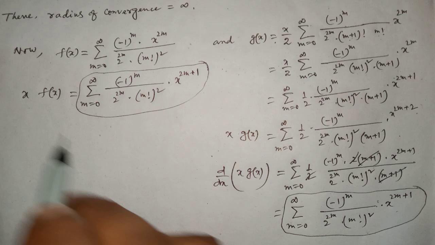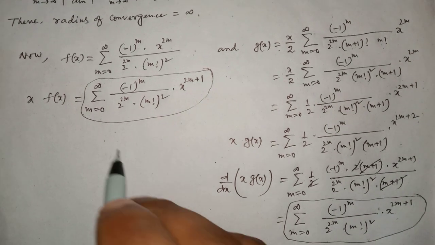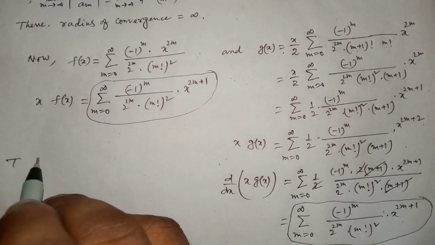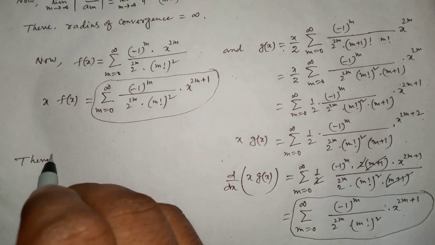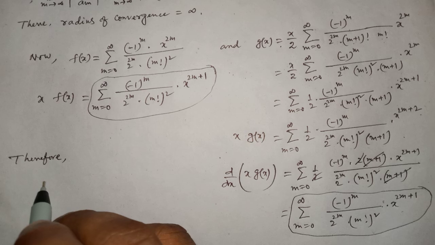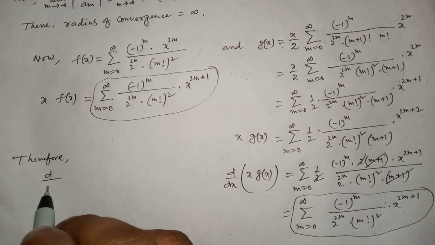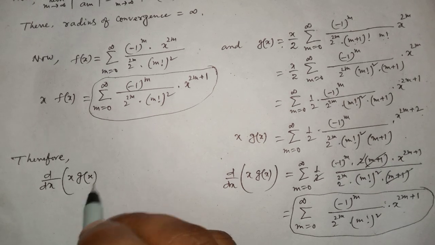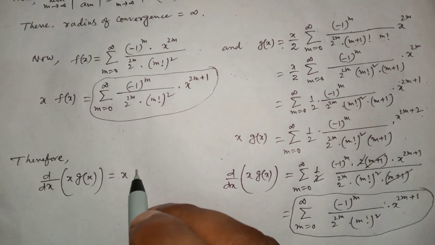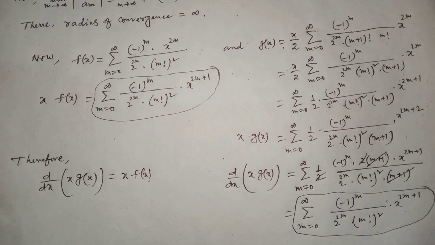Therefore d by dx of x g of x is equal to x f of x.